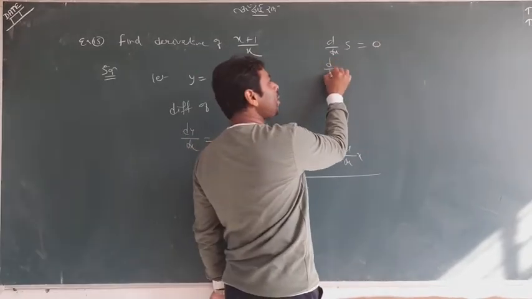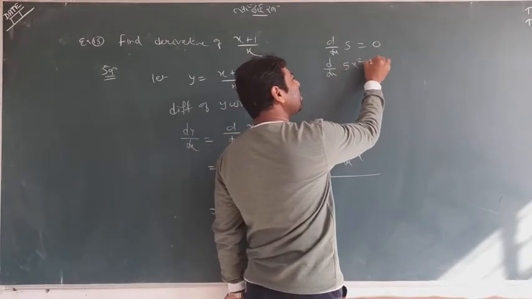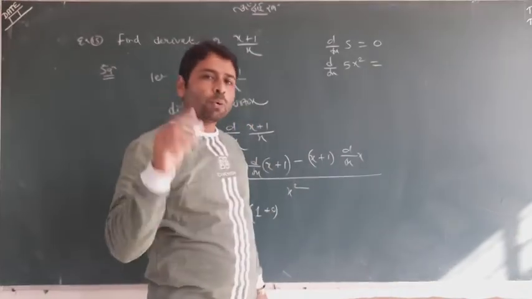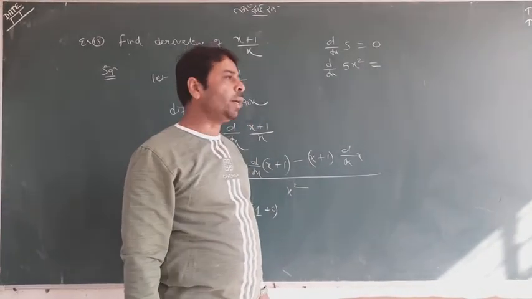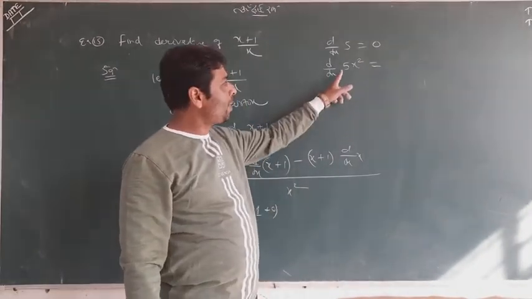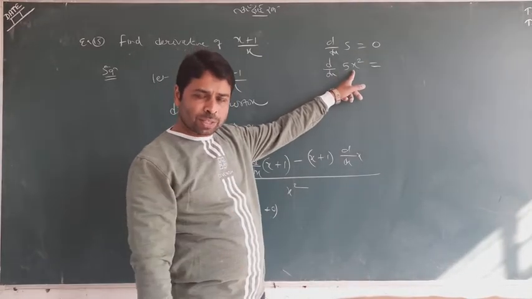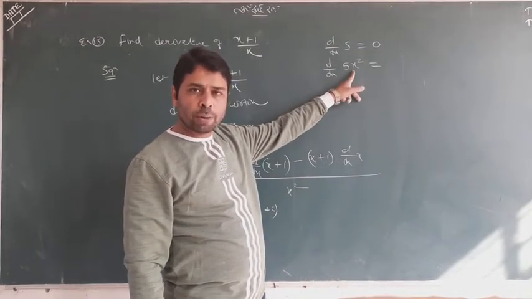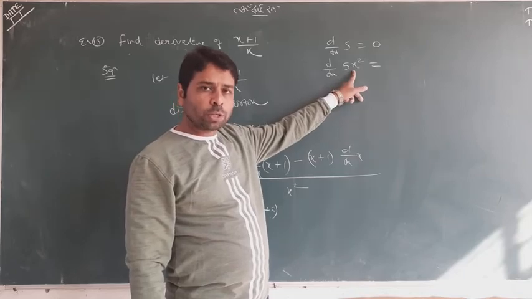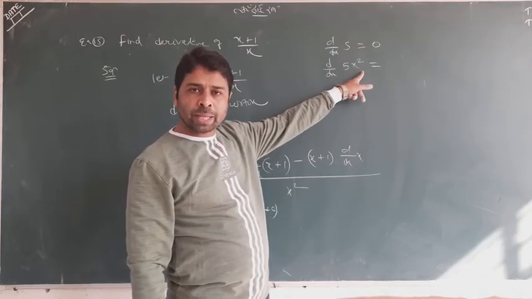But if d by dx of 5x is there, something like 5 into x square, don't use the multiplication law. 5 is a constant, but don't write 0 into something like that.